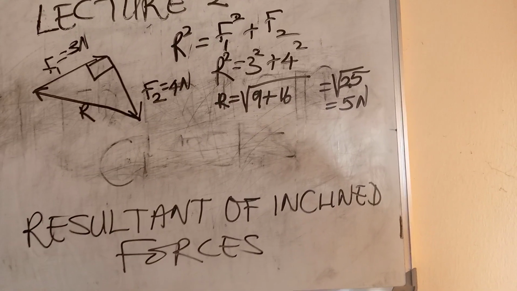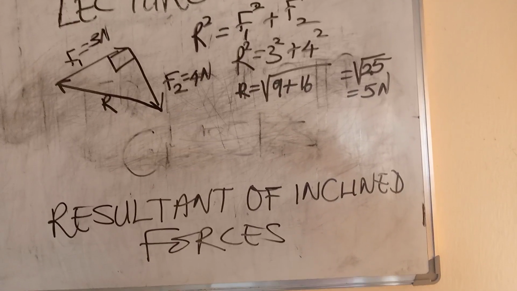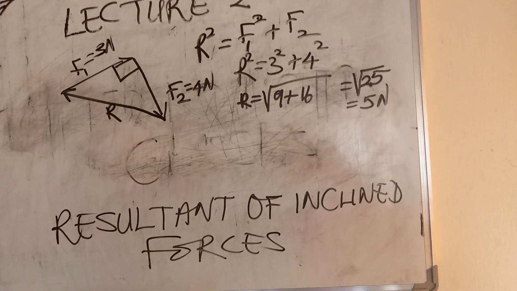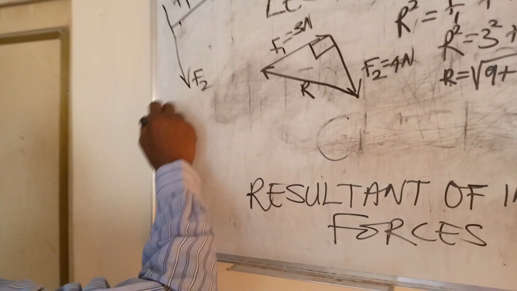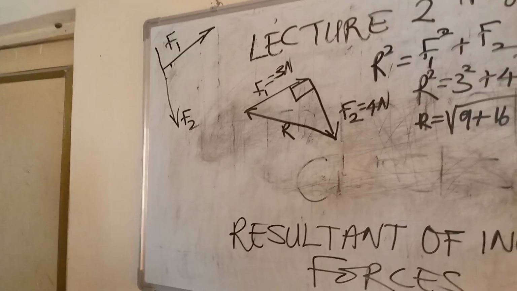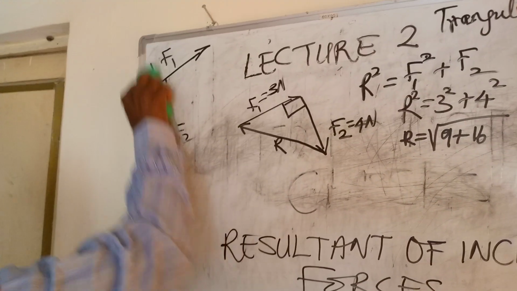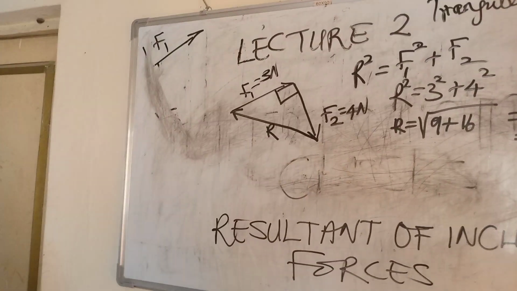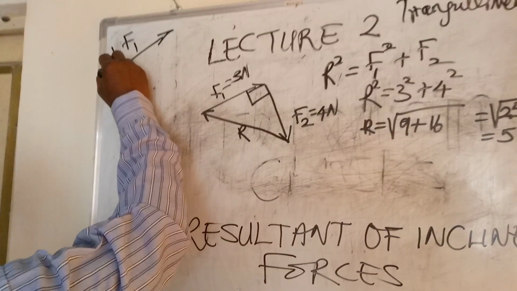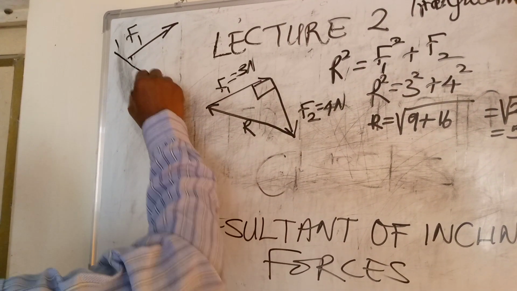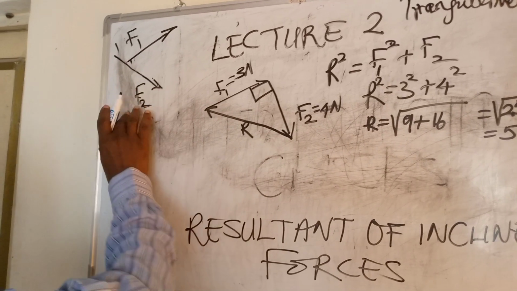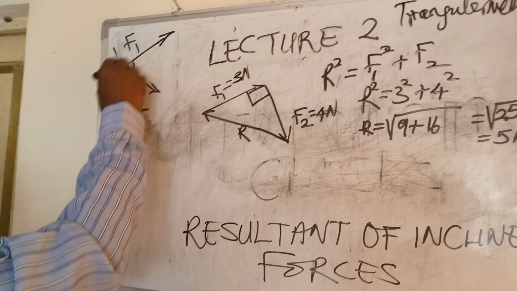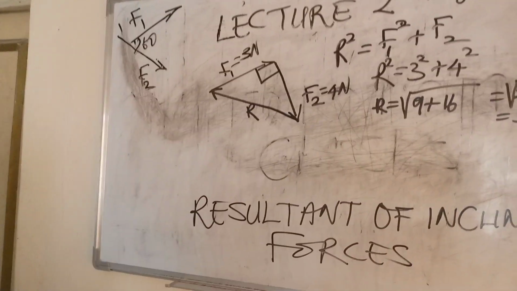If the angle between them is not a right angle, for instance, the angle between them is 60 degrees. That's the angle between the both of them, F1 and F2. F1, look at F2 coming this way, and this angle is 60 degrees.